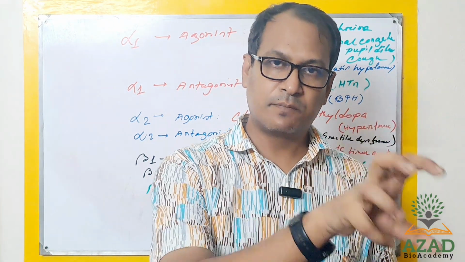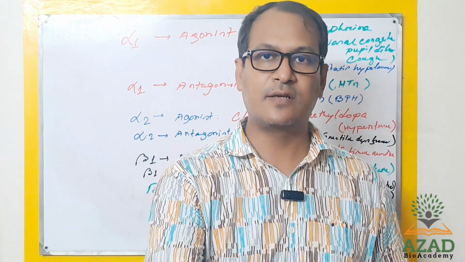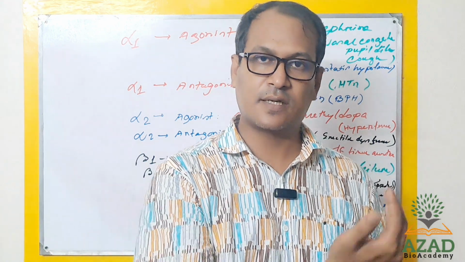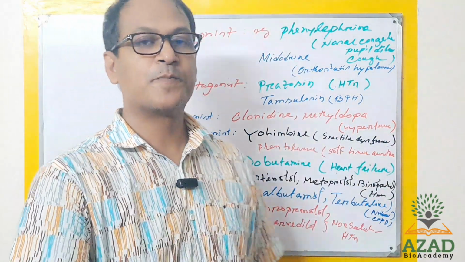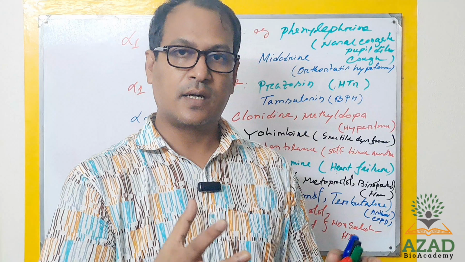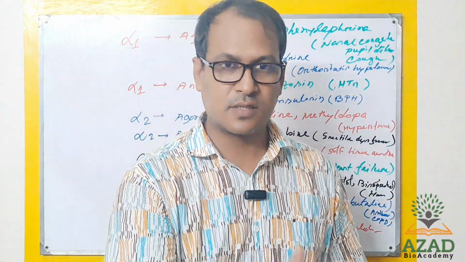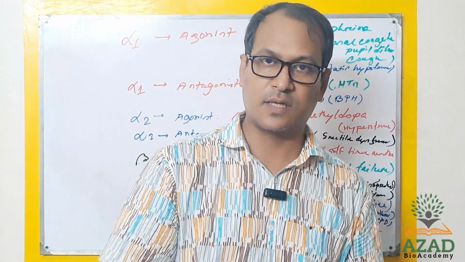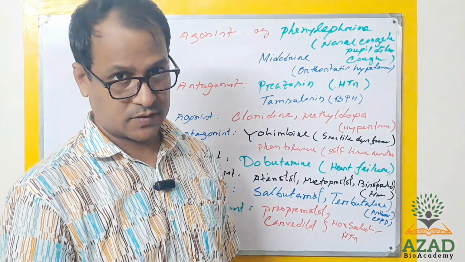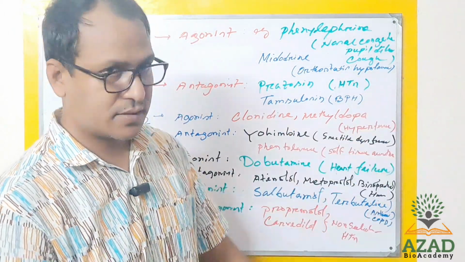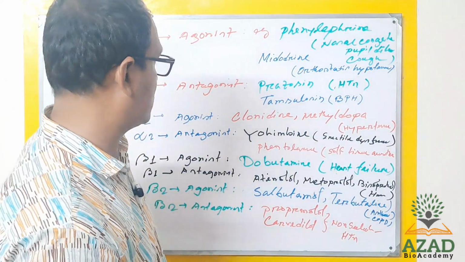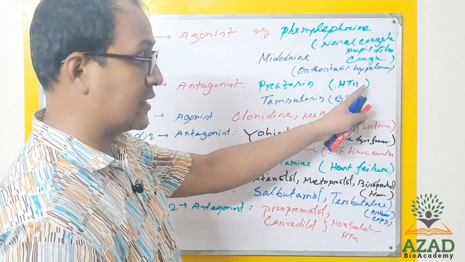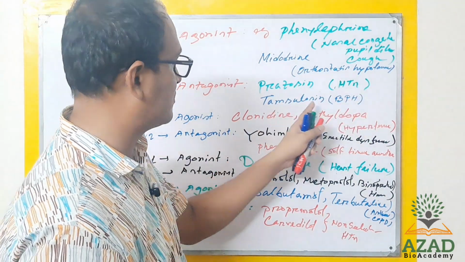That means combination drug has failed to treat them. So in that case, you can use it. Also, for aged people where conventional drugs are not functioning, you can use prazosin. Okay, or in emergency situation you can use prazosin. So that is the antihypertensive drug. Another one is tamsulosin.